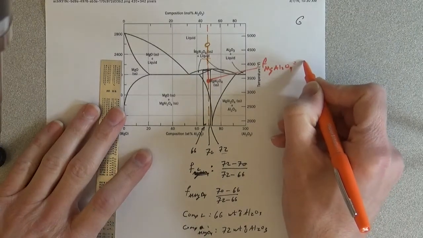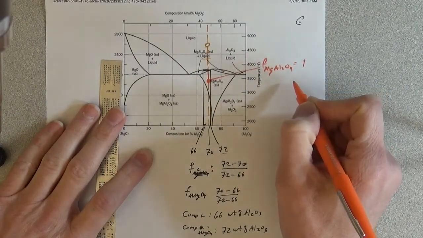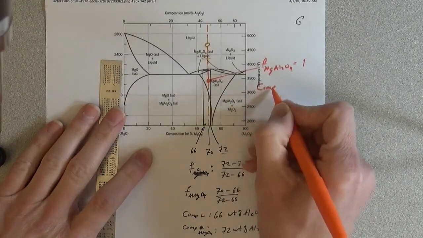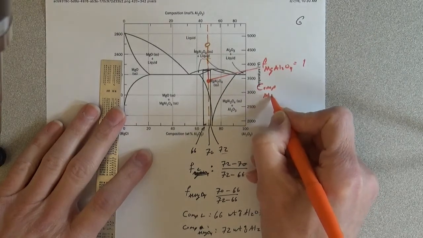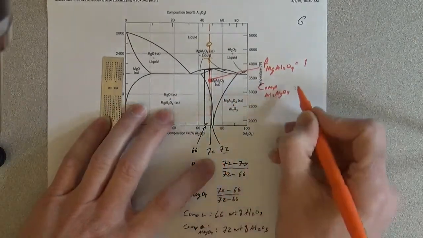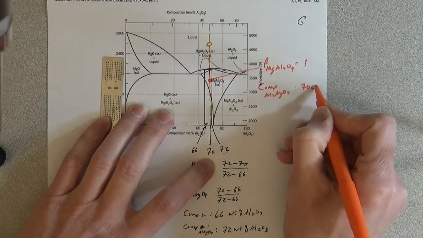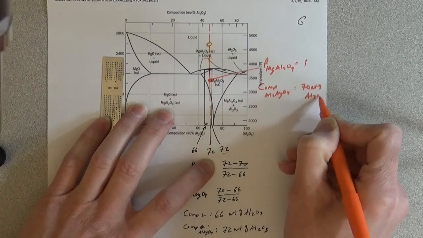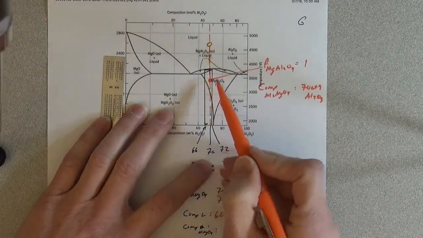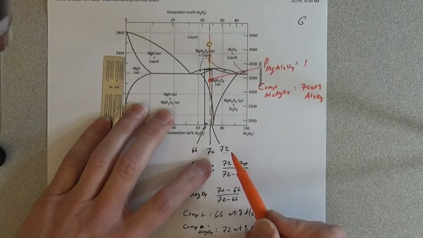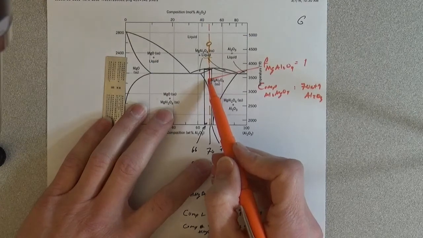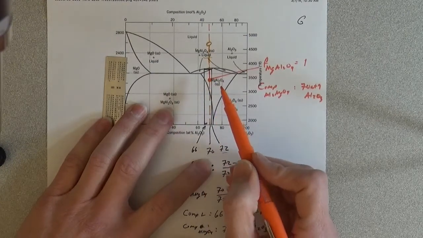Well, it's 1, or 100%, because there's only one phase. And the composition is 70 weight percent Al2O3. The reason is that there's just a single compound, and in equilibrium, all of the grains are going to have the homogeneous composition given by the phase diagram.